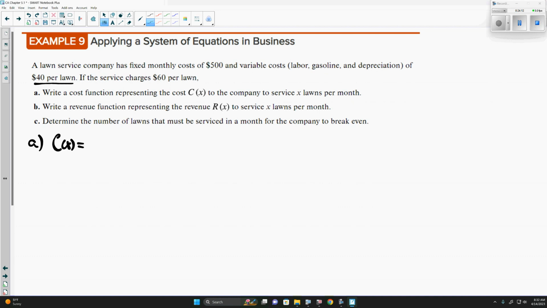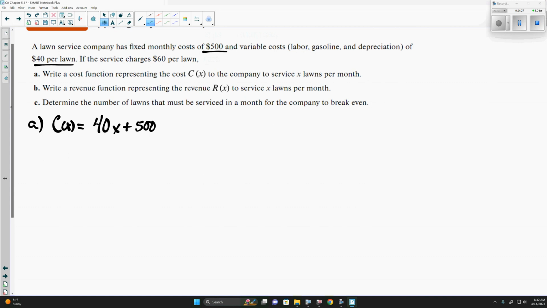Well, $40 per lawn, $500 a month. So we can say what? 40x plus 500. And that's it.